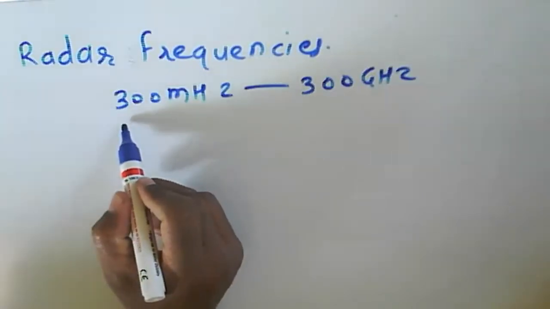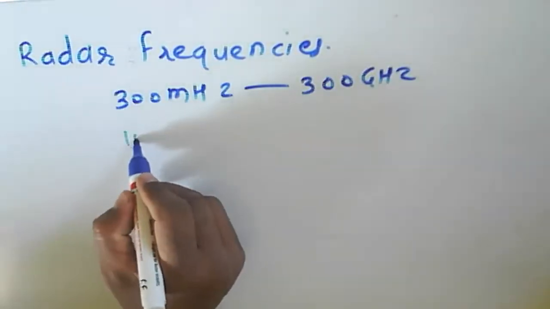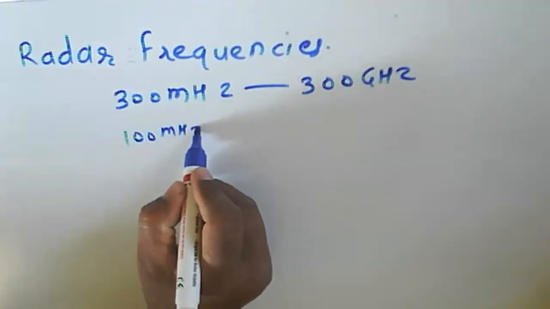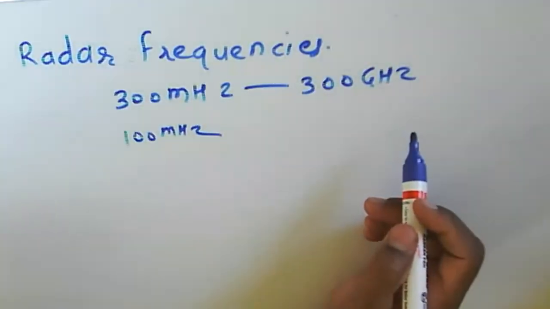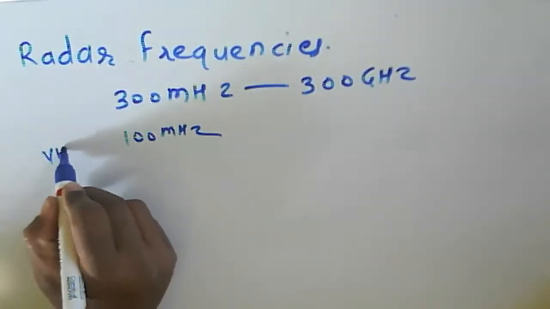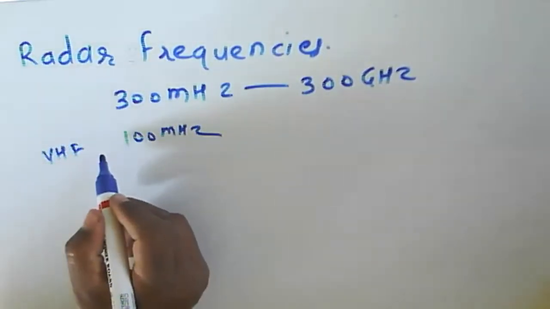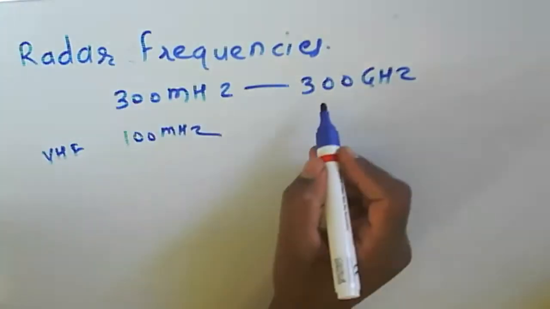Even if we consider that some radars operate from 100 megahertz, that case is 100 megahertz to 100 gigahertz. So we can say that a radar can operate from the very high frequency band, the VHF band, up to 300 gigahertz.